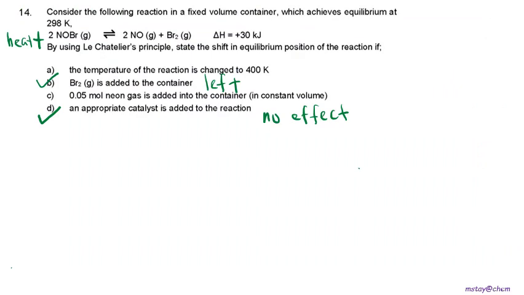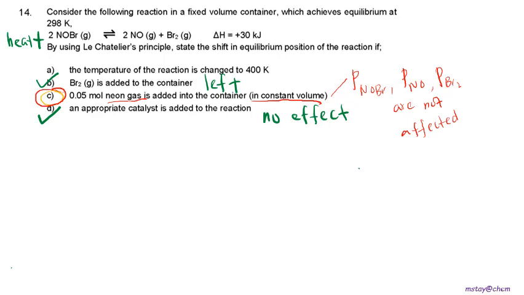Now let's identify tutorial question number 14. C is related with what we discussed just now, which is adding the neon gas at constant volume. So based on the conclusion just now, we know that if the inert gas is at constant volume, the partial pressure of NOBr, NO, and partial pressure of Br2 in the system are not affected.